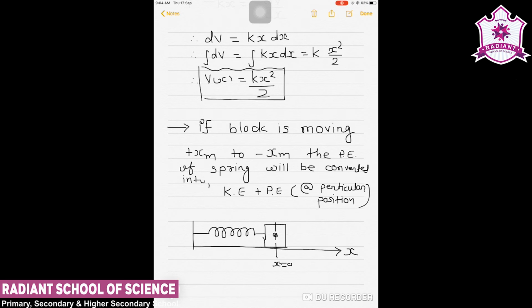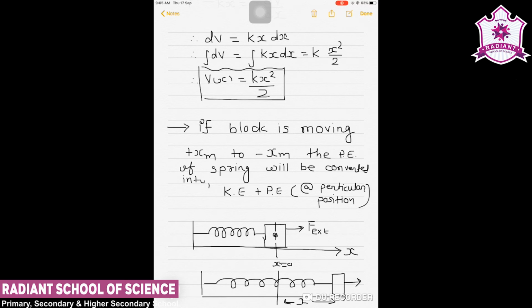Now it experiences some external force F. Due to this external force, the spring will move further in this direction and it will perform some distance x.